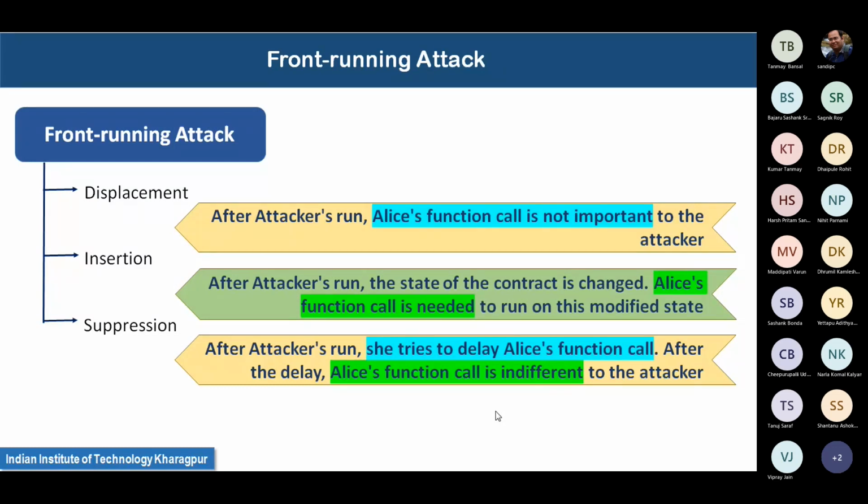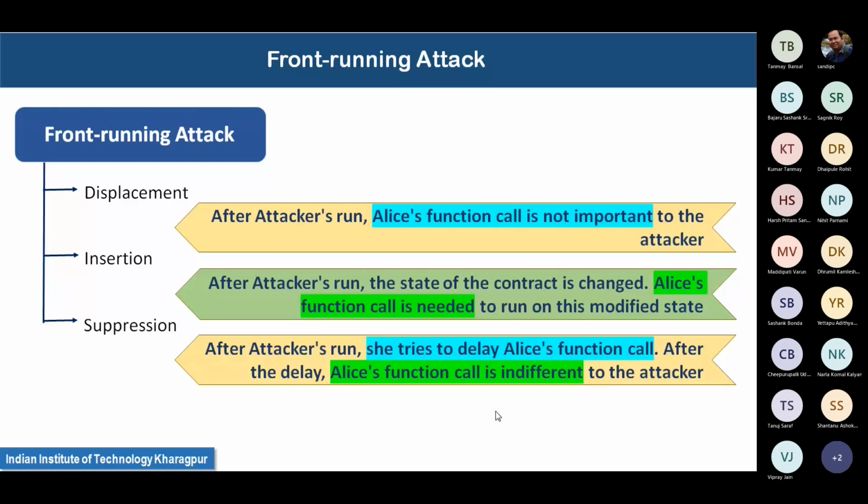But the attacker's transaction going in first is important. A typical example, again taken from the paper, is that there is a website address which is up for sale and you can pay in cryptocurrency to get it. The attacker sees that Alice is going to buy it, but the attacker wants to buy it before Alice.